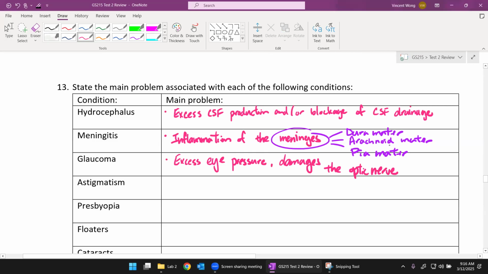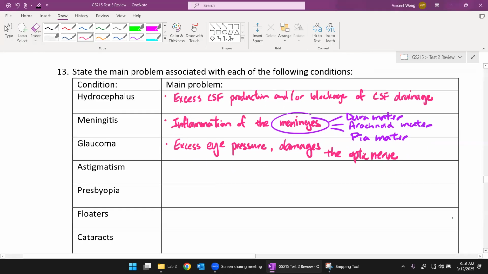There is no treatment to cure it, but there are interventions to slow the progression. If they give you eye drops, the eye drops are going to help lower the eye pressure, and might reduce the production of the aqueous humor, for example.